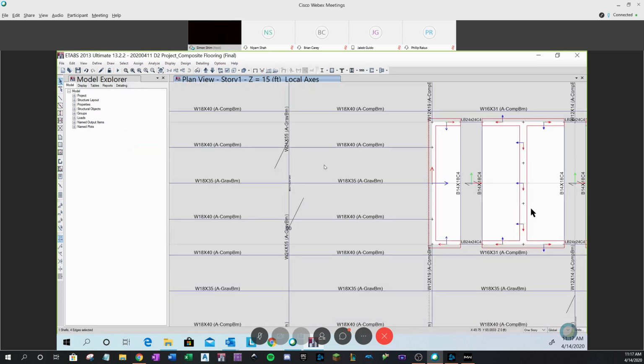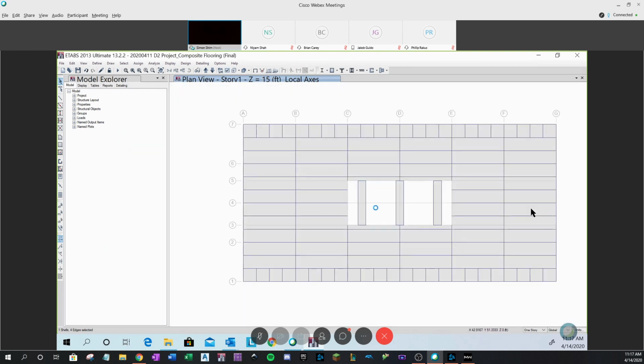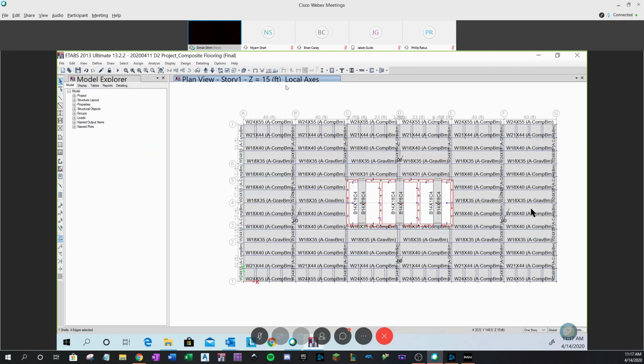One thing about the metal deck, let me turn on the local axis. Here, shell, diamonds, local axis. For the metal deck, somehow ETABS doesn't show the local axis.